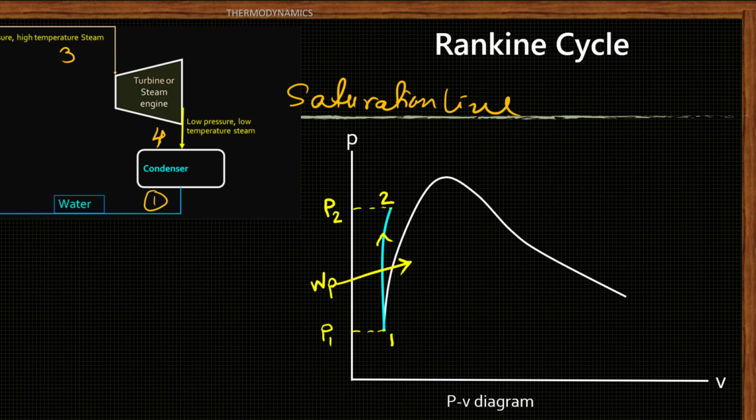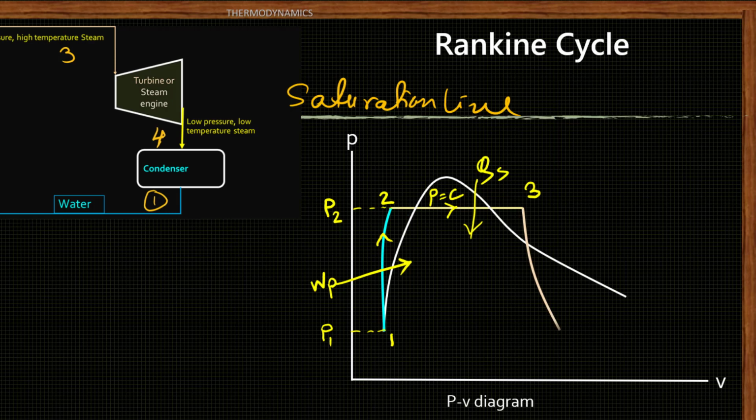Now look at process 2-3 in the block diagram. 2-3 is heat supplied at constant high pressure, boiler pressure P2. So this is isobaric heat supply. 2-3 is isobaric heat added, and 3-4 is expansion inside the turbine.